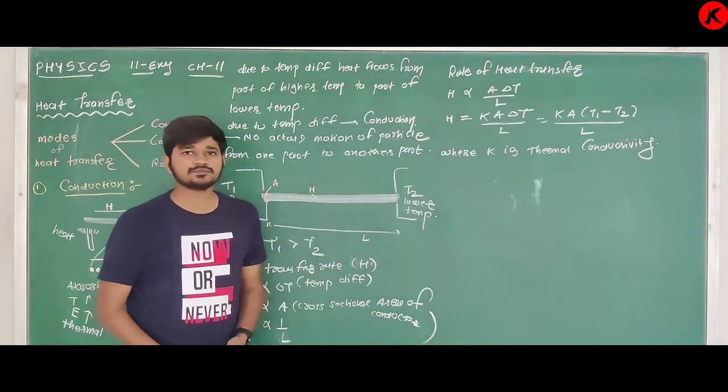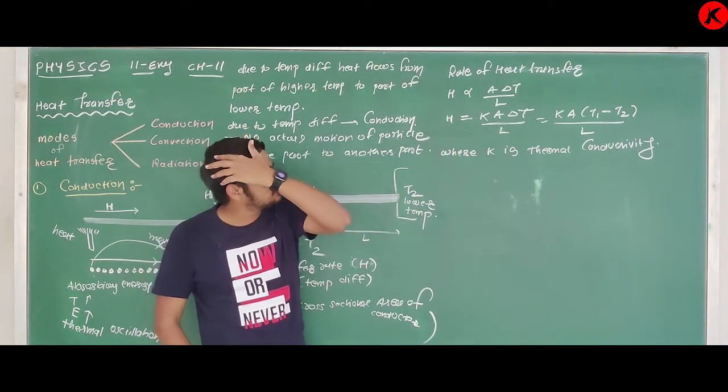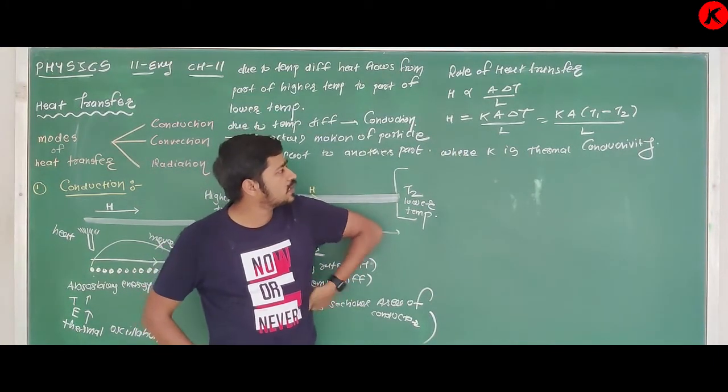Clear? So this equation you have to remember. H is equal to KA (T1 minus T2) upon L.